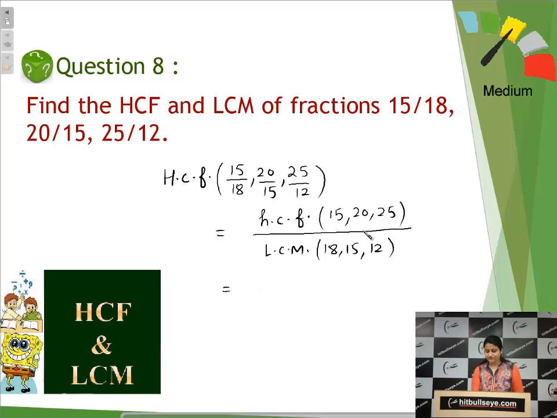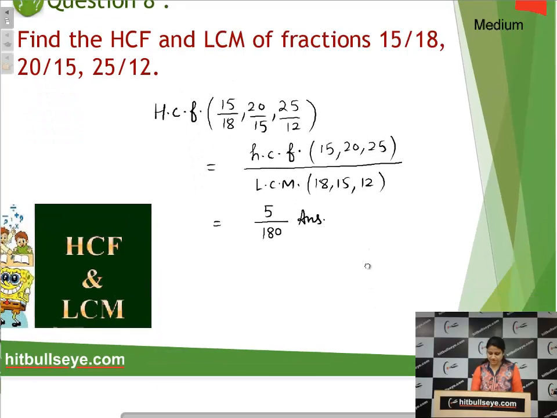Now what is the HCF of 15, 20, 25? I think you are comfortable now. That will be 5. What will be the least common multiple of 18, 15 and 12? You can go by either of the approaches. It will be 180 in this case. So this will be the answer in this case.